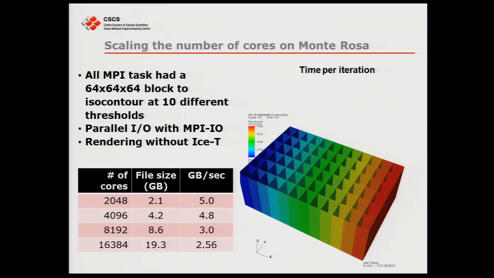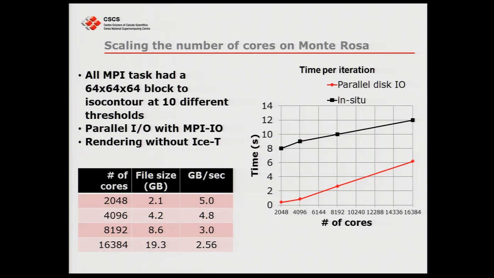There we go on Rosa, using all the way to 16,000 cores. For this simulation, which looks like something it's done in purpose, this is the grid used for weather simulation. Size of the grid at this particular number of cores was 20 gigabytes. The I/O I could do was 2.56 gigabytes per second.